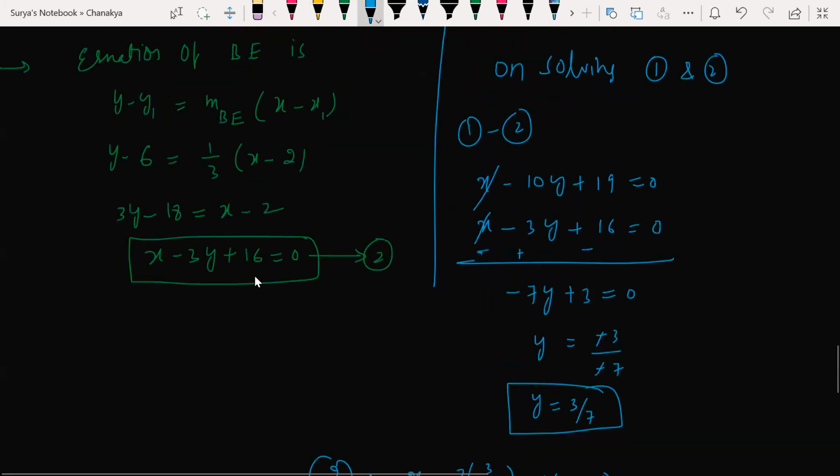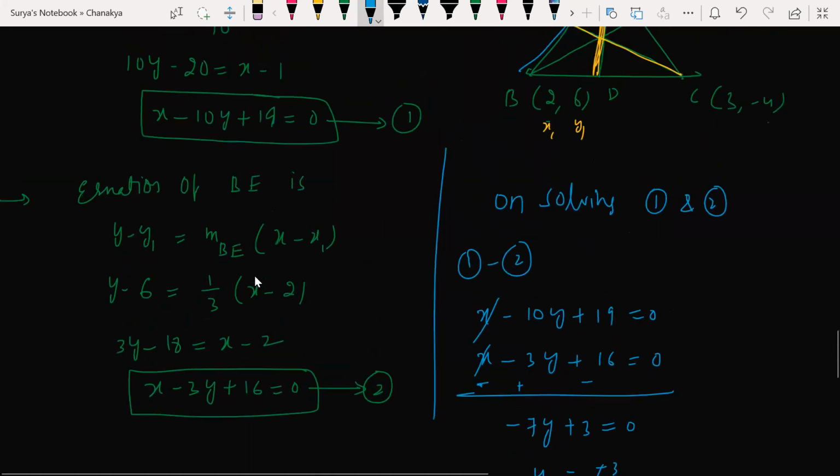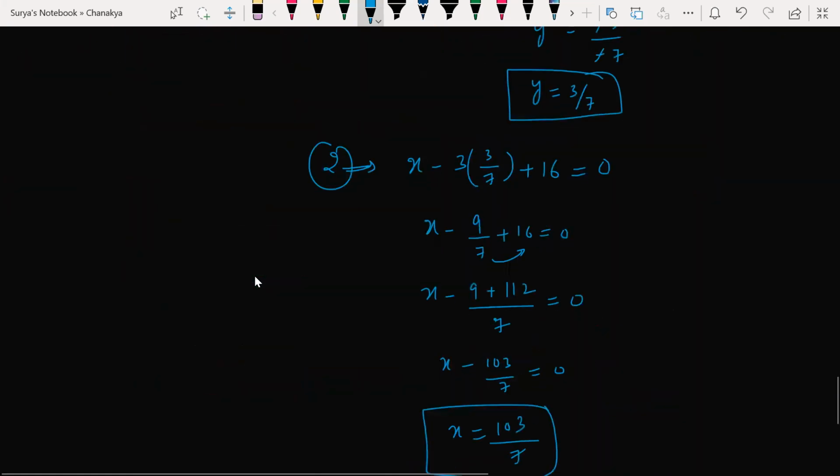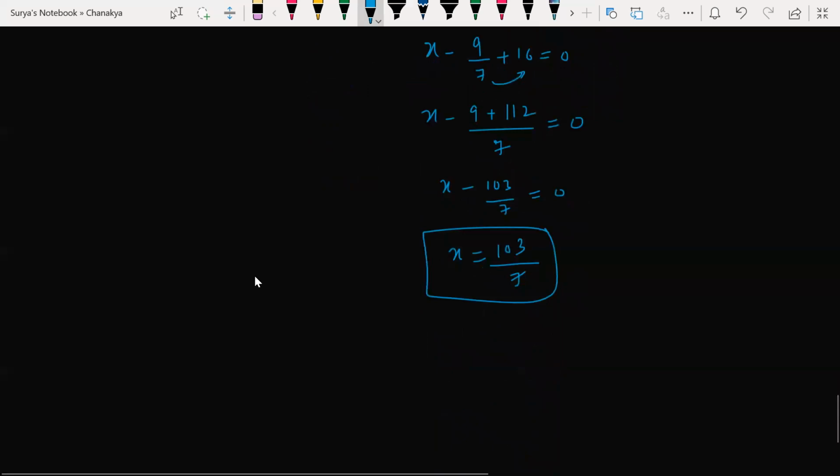Or else you substitute in the first equation, you will get the same answer. So anyway, this is my x and y value. Okay, sir. Okay, this is your x.